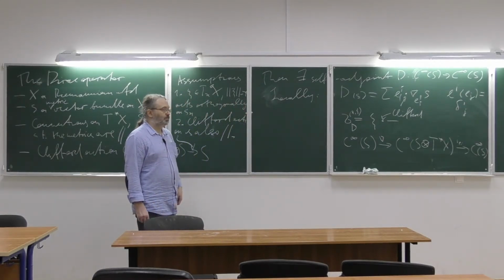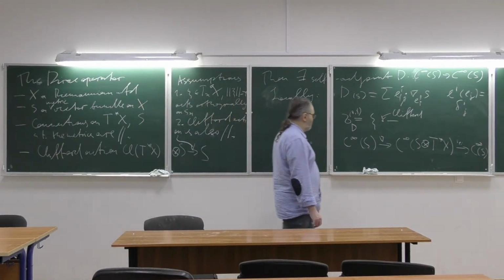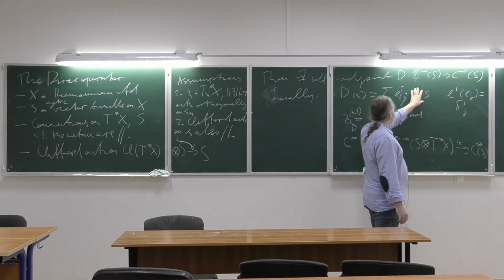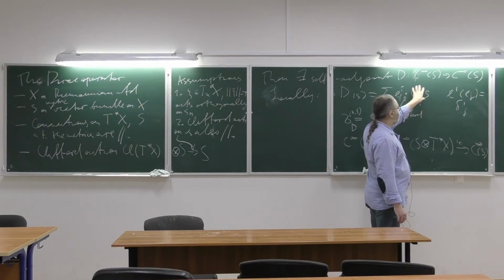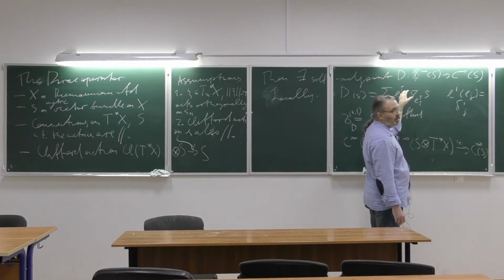Is this Clifford multiplication or Clifford action? Well, neither. So this is what we have here, and this is just a section, and then I Clifford multiply the section by the cotangent field e_i.